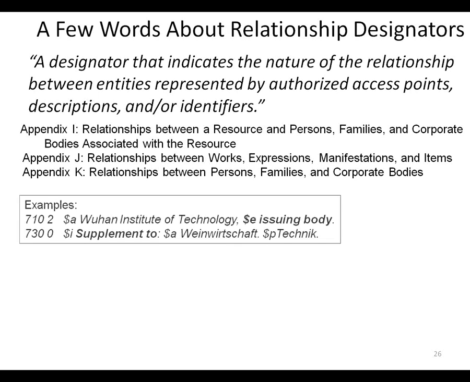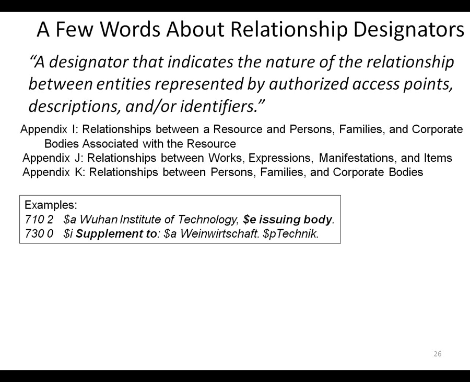So here are 2 examples of a relationship that a designator could be used for. You have a 710 for an issuing body, where you would indicate the nature of the relationship as issuing body. Or you might have a publication that is a supplement to another publication, so that could be represented by the relationship designator.